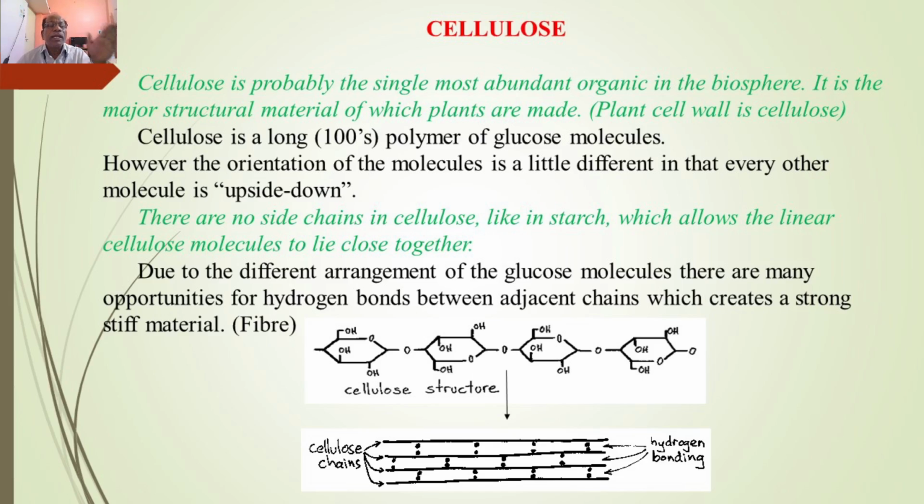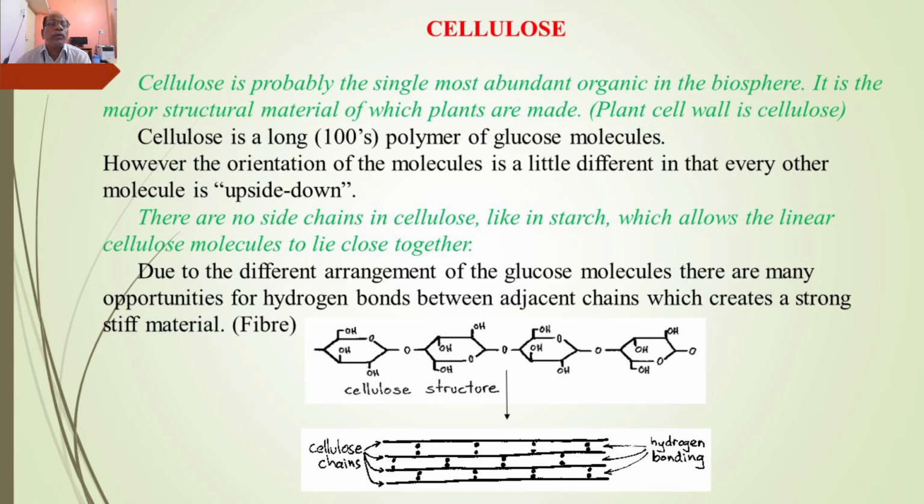There are no side chains in cellulose, like in starch, which allows the linear cellulose molecules to lie close together. In starch also, there are linear chains of hundreds of glucose molecules bonded together to form a straight chain.